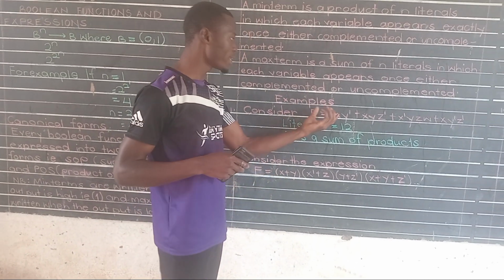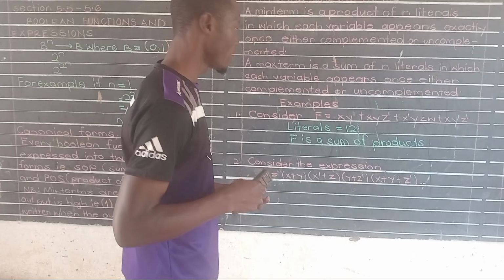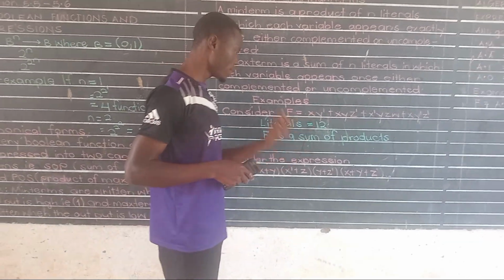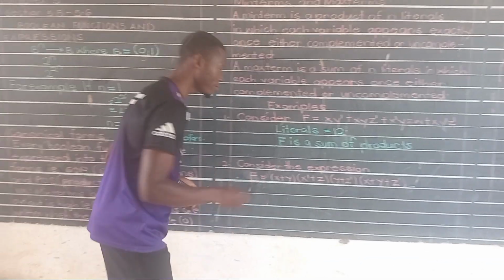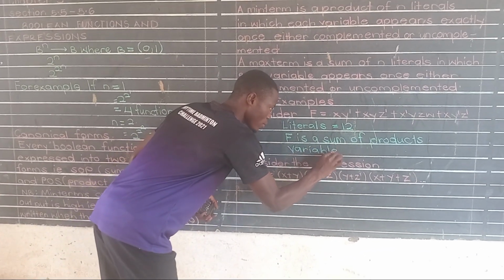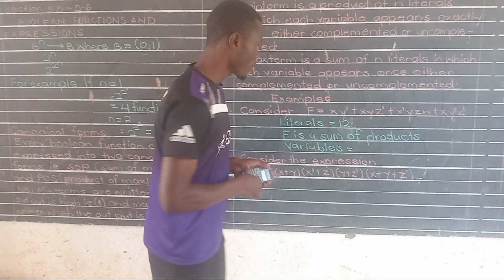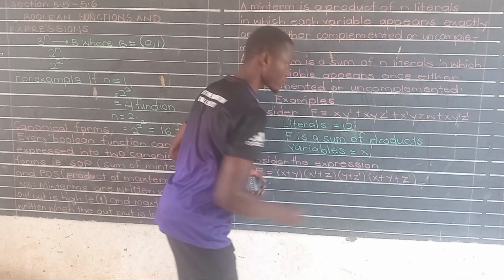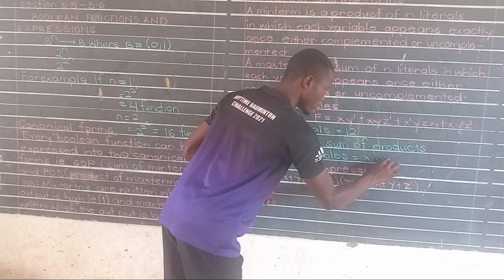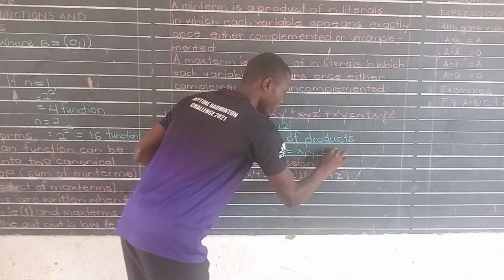So here I will identify the mean term. Let me first identify the variables that I have. The variables in this problem: there is x, there is y, there is z, and there is w.